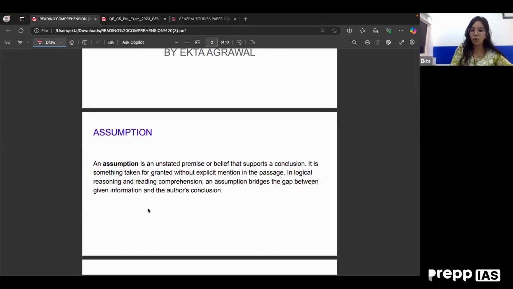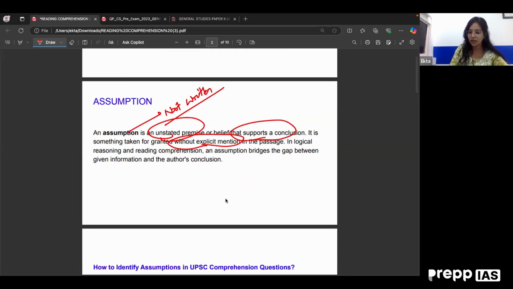If we normally understand assumption, it is something which is unstated, not written explicitly. It is something जो आपके main passage के conclusion को support करता है, without explicit mention in the passage. So basically इसके कुछ tricks होते हैं कि कैसे हम पता करेंगे कि कोई चीज assumption है या नहीं. Yes, योगिता?